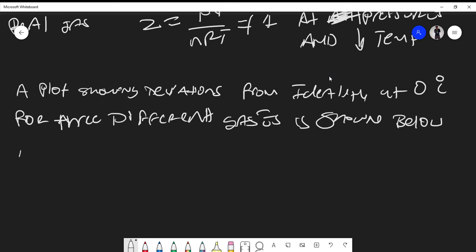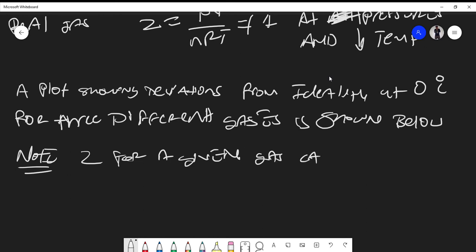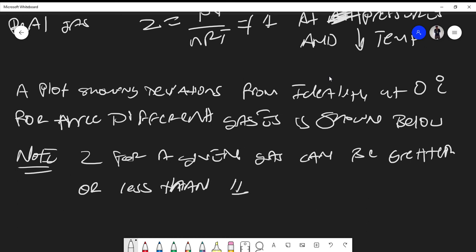Again, one of the things that we note before drawing this curve is that Z for a given gas can be greater or even lesser, or less than 1, right? So let's talk about the curve that we are actually talking about.